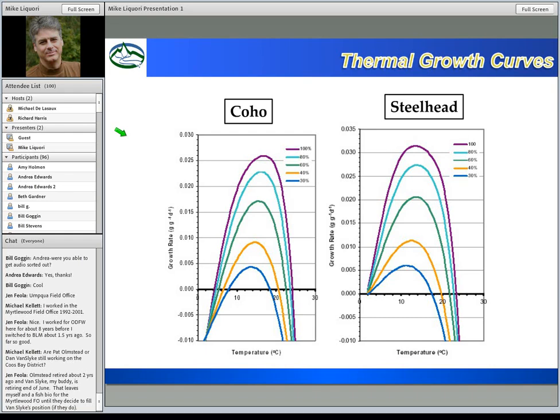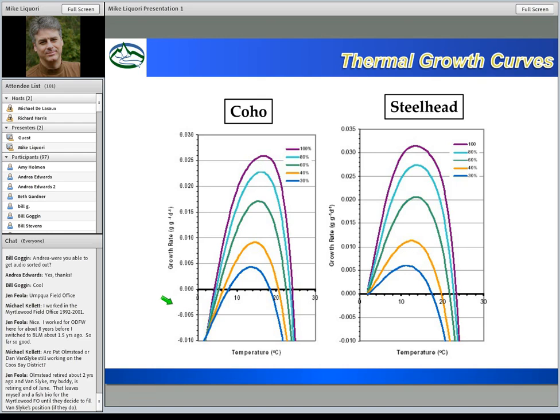What we also know is that there are thermal growth curves related to fish that are important. Basically, what these plots show is that there is a relationship between the growth rate and the temperature, such that there is an optimum range, generally seen as this line here at the top, where fish productivity is ideal, and that's usually somewhere between about 14 degrees C and about 18 degrees C, and it varies slightly by species.